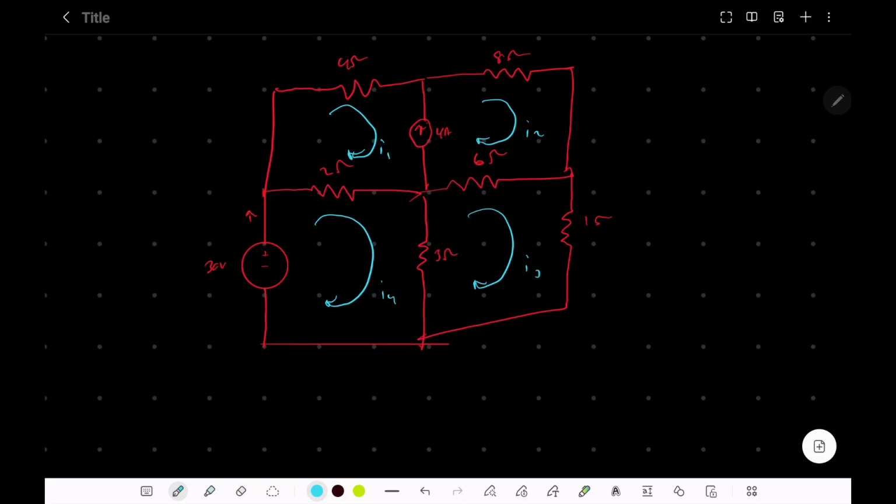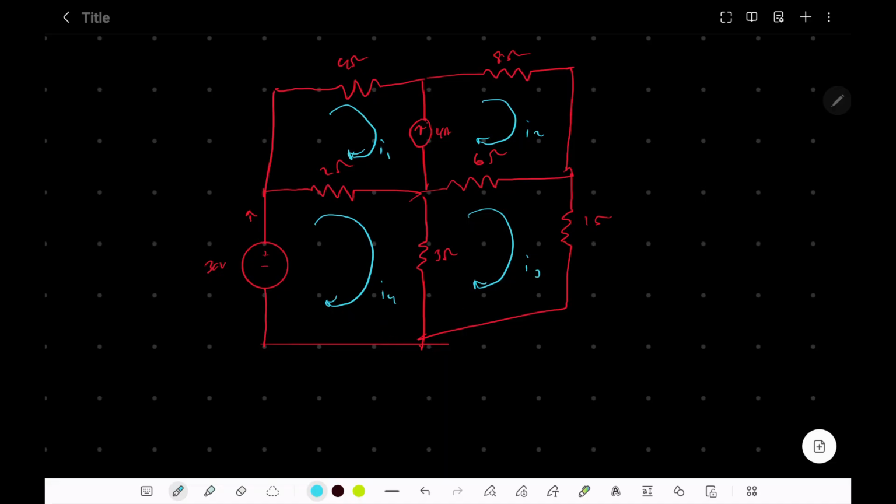Okay? So now notice here there's a current source in between 2 meshes, and so that's going to cause some problems, but we'll deal with that later. Let's first do the KVL equations for these 2 meshes over here.